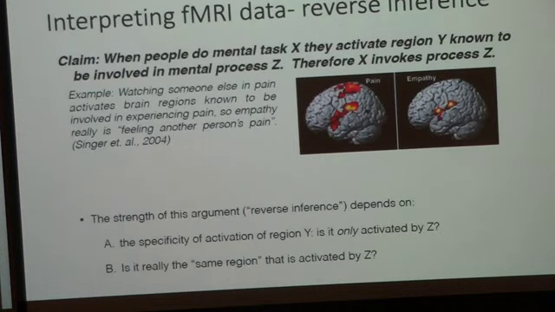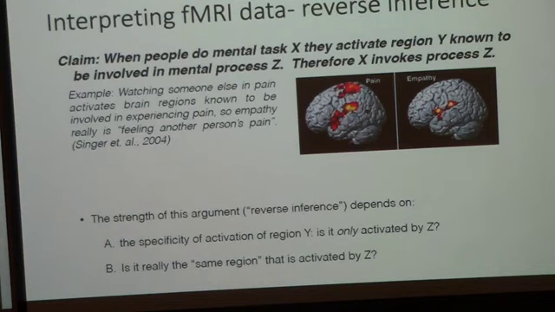One thing about integrating the fMRI data is reverse inference. For example, let's say we find an area Y that is activated by a certain task we call X. And then we also know that Y is involved in a mental process called Z, during some other experiment.